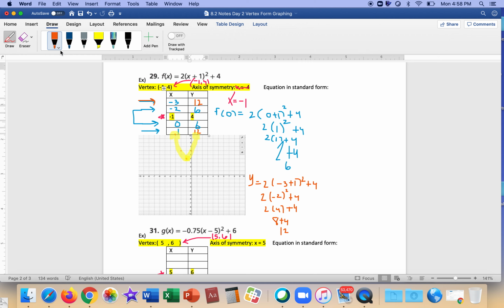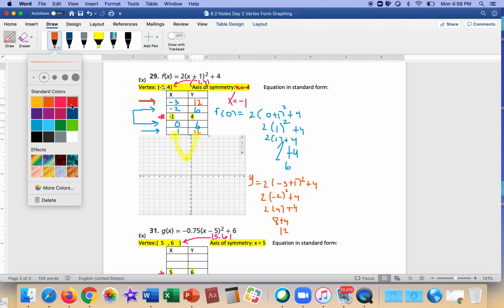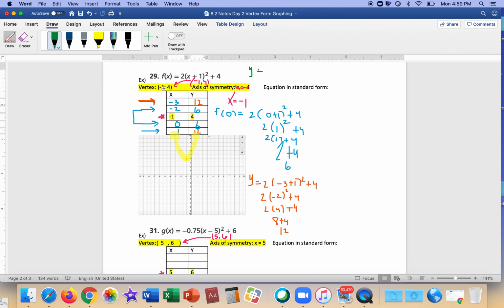And then lastly, let's take this equation and write it in standard form. So if we do this, we would have y equals 2 times (x plus 1) times (x plus 1).